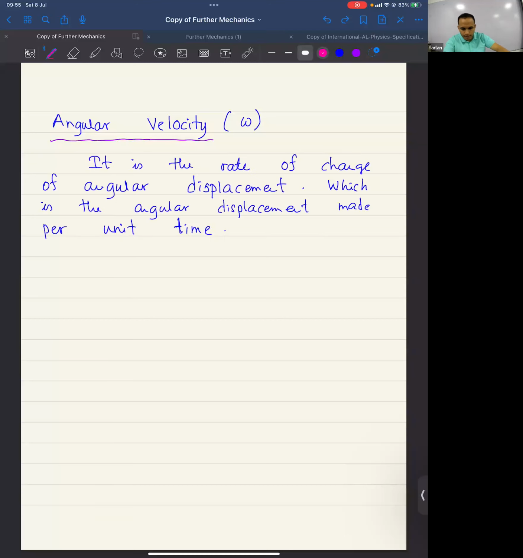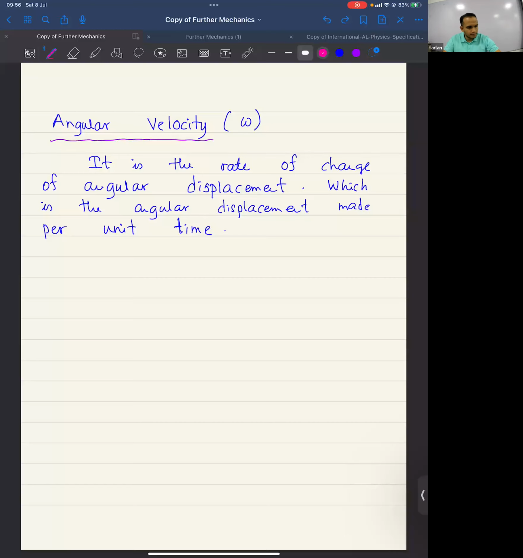So right under that: it is the rate of change of angular displacement. Full stop.